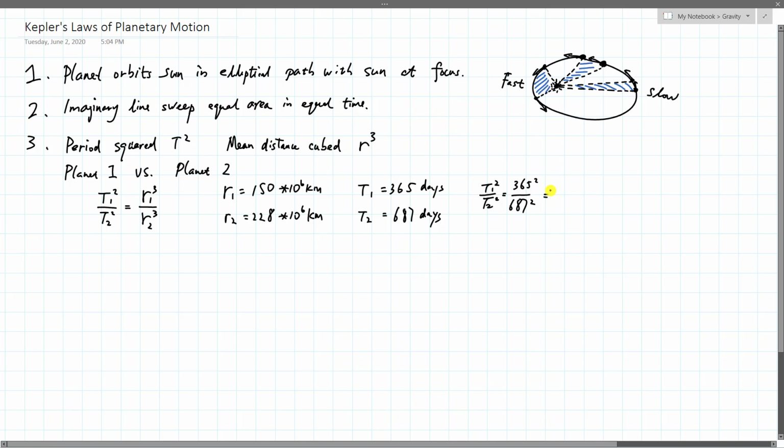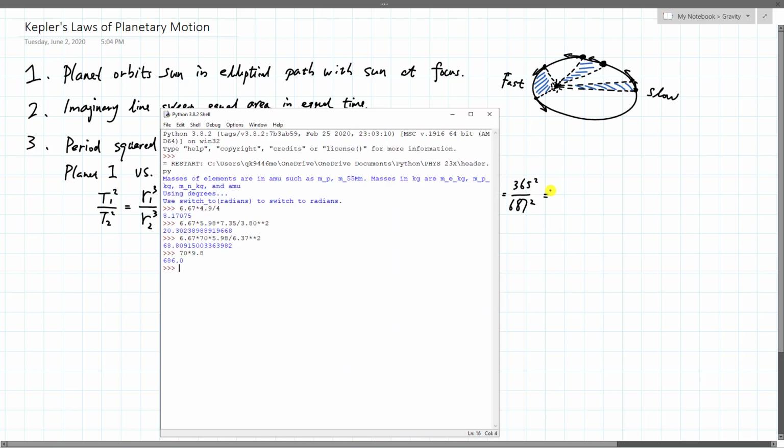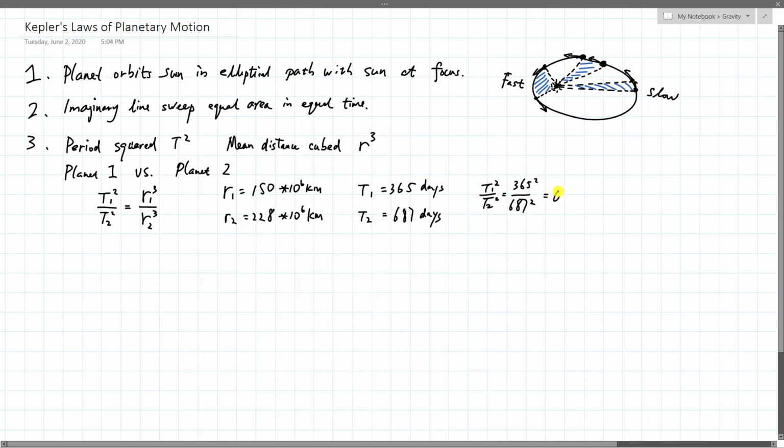Let's use our calculator again. 365 squared over 687 squared. So we have a factor. Let's keep 3 digits after the decimal: 0.282.